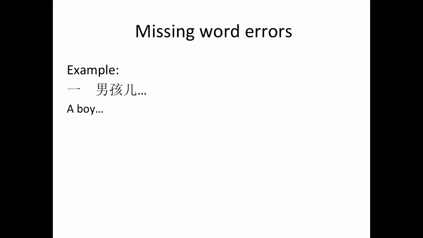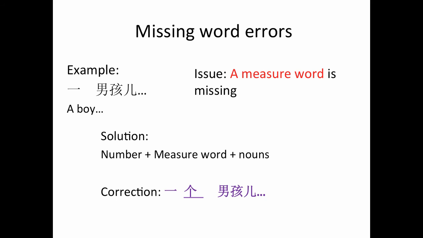This part is problematic because in Mandarin Chinese, a measure word must be put between a number and a noun. So that's why we have the pattern in this way.